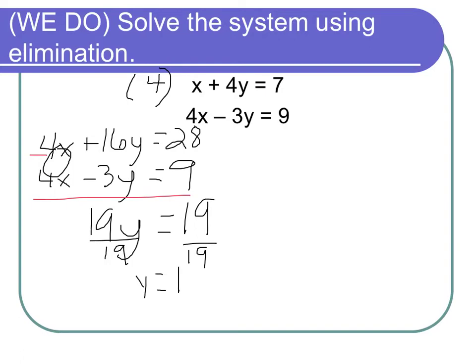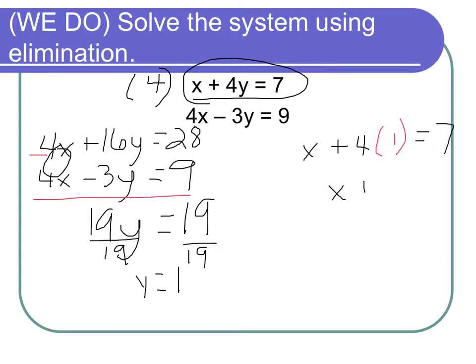Now again I can choose any equation to plug back in. I'm going to use this first one right here. It doesn't matter if you use it before it was multiplied either, because it technically is the same equation, just multiplied. So x plus 4 times, instead of y, I'm going to plug in 1, is equal to 7.